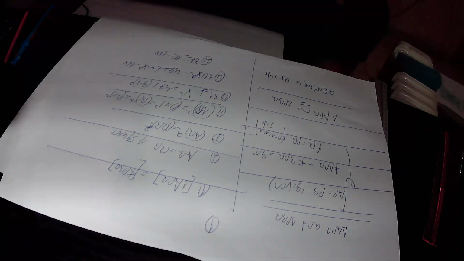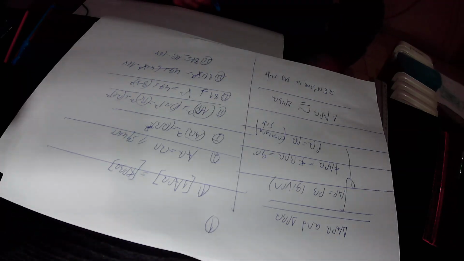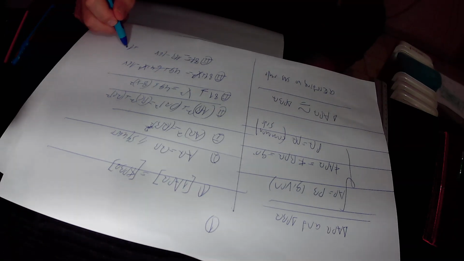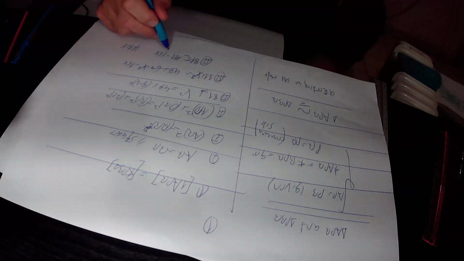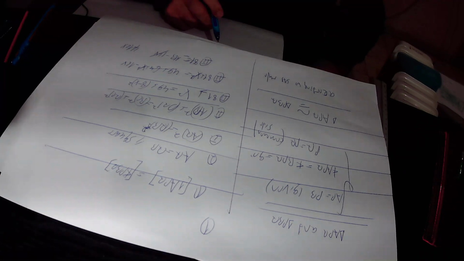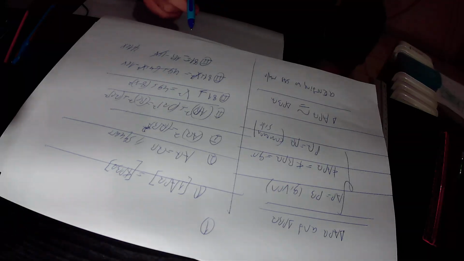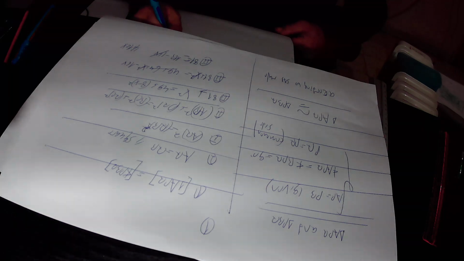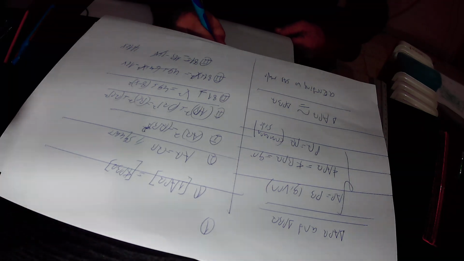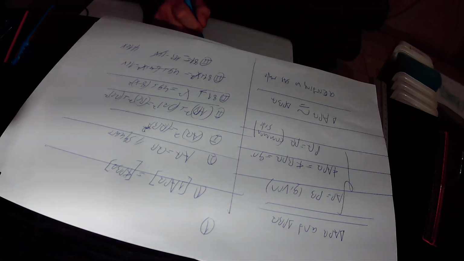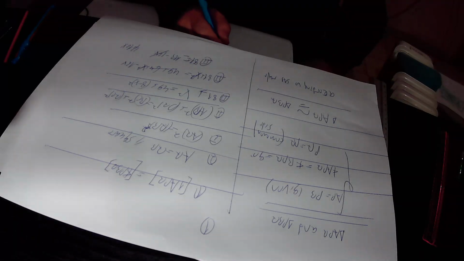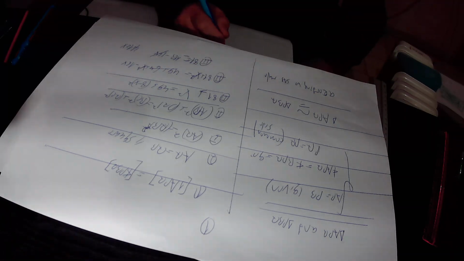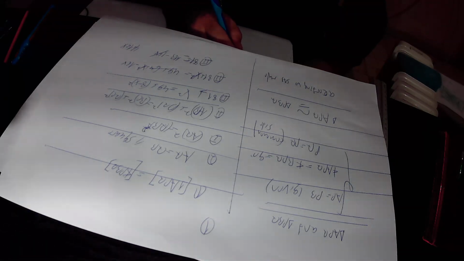So in total, we found out that 81 equals 113 minus 16x. Here we add 16x to this equation, so 16x gets cancelled on this side of the equation and we have only 113 equals 81 plus 16x.